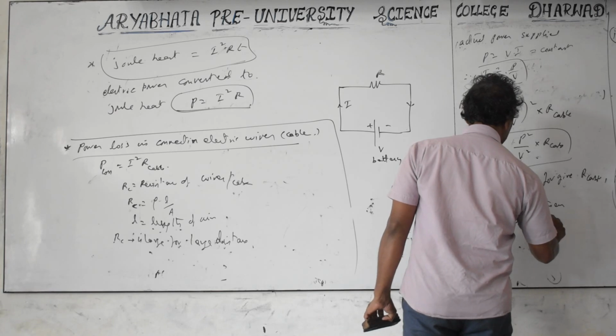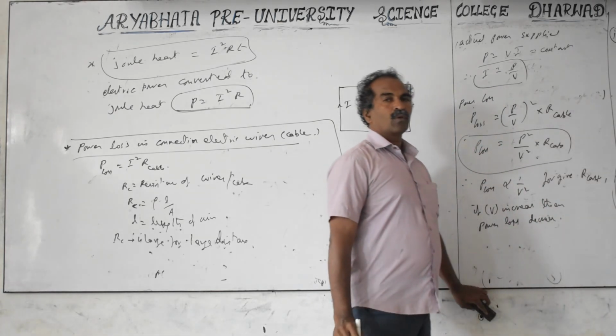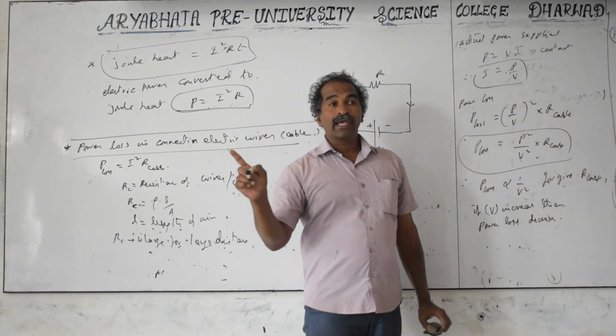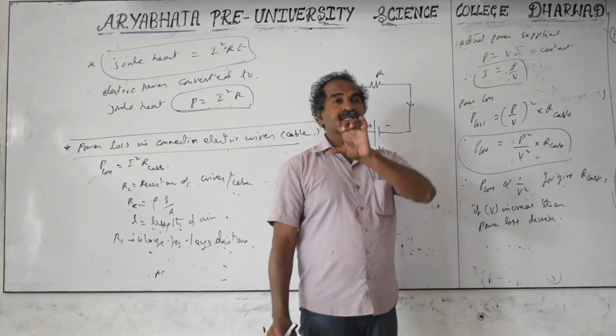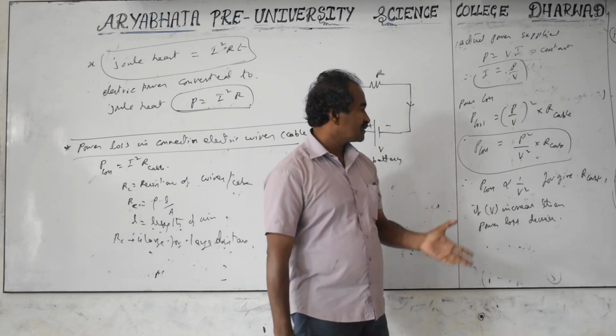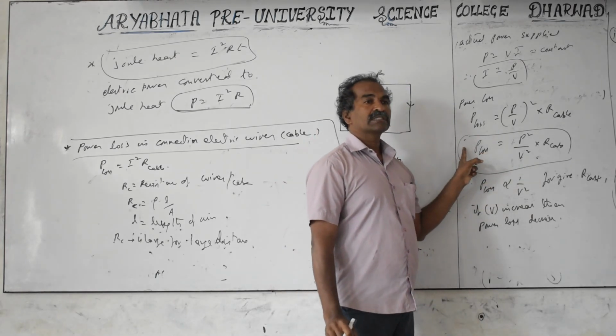They will ask you the question, why is high voltage preferred to high current, or why is the voltage very high in the high tension wires? Because when the voltage is high, power loss is less.